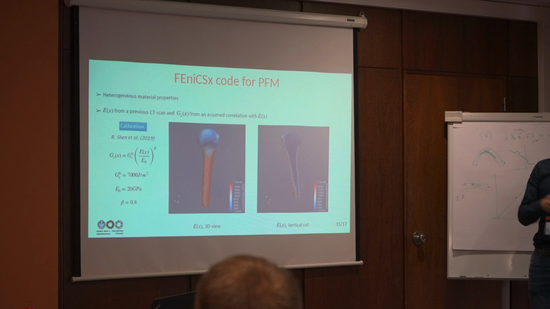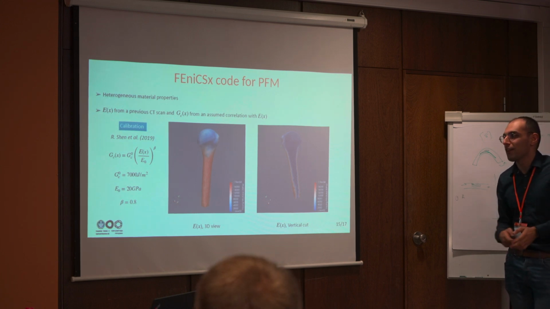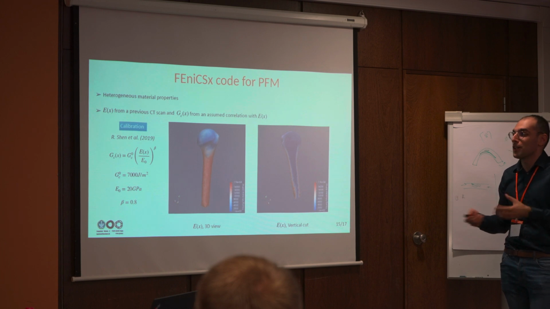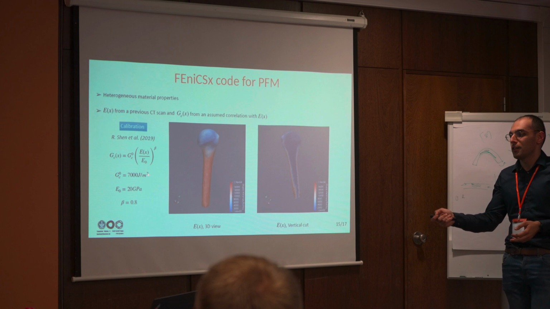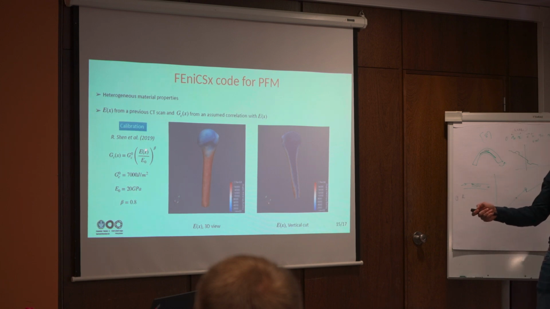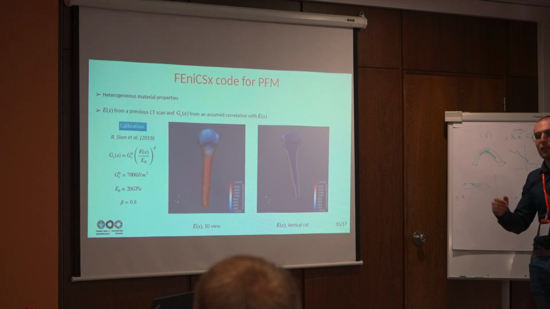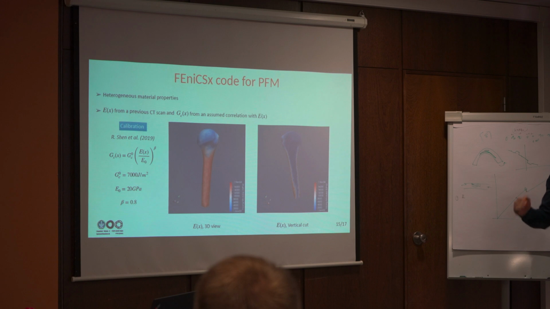So I plan to do experiments. It's in preparation to obtain experimental data on this. With this assumed correlation and the calibration of the parameters, accurate results have been obtained, but there is no experimental basis for this correlation. So that's my second job that I need to do to finish my PhD.